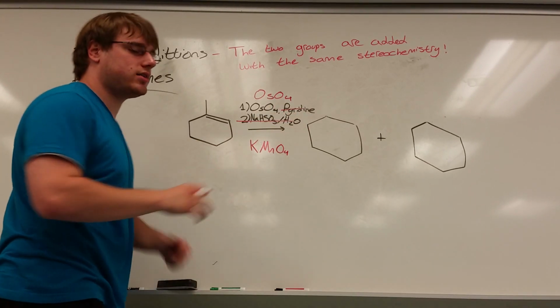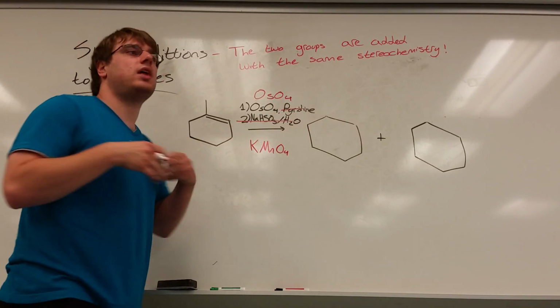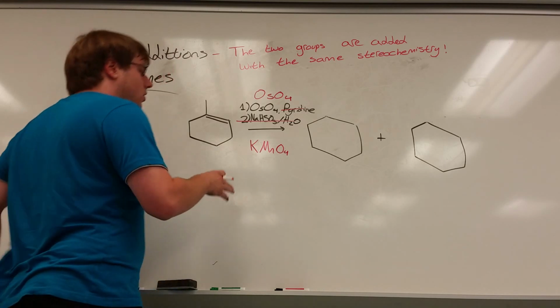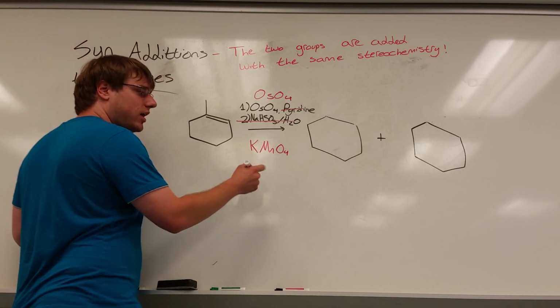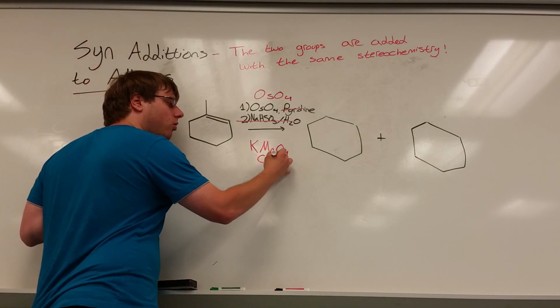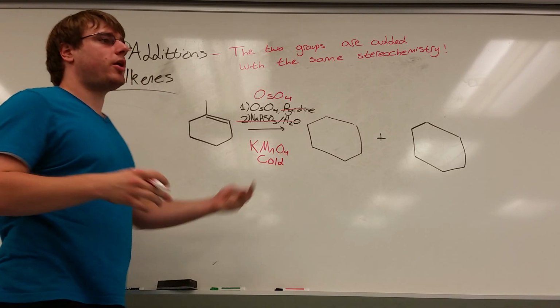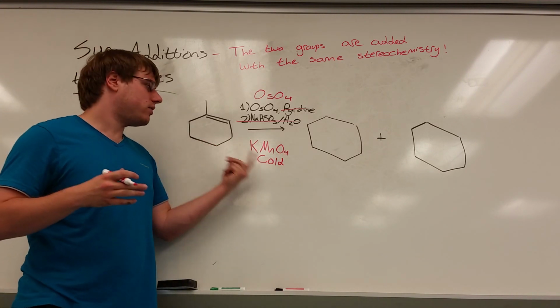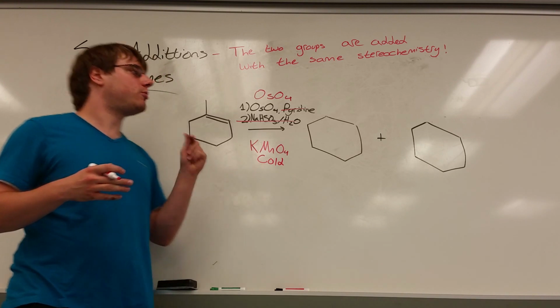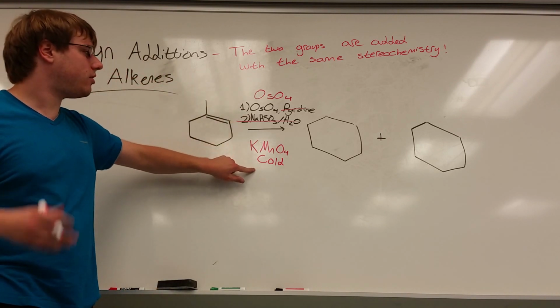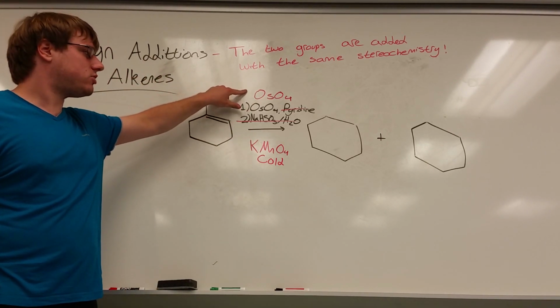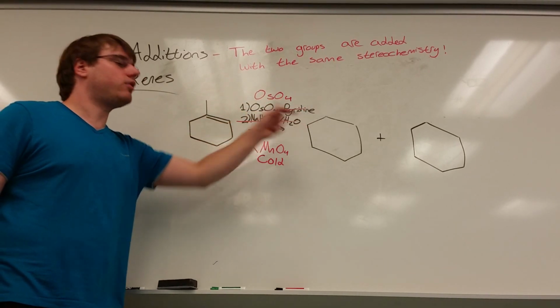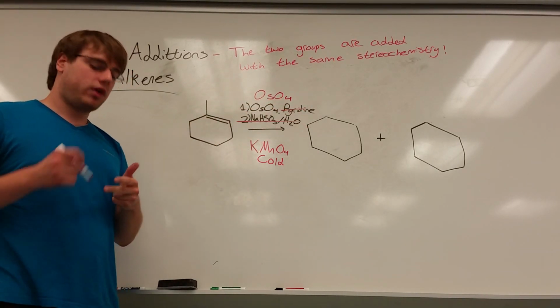These are oxidizing reagents, and what they do is add oxygens. Specifically about KMnO4, it needs to be cold KMnO4. When we talk about oxidative cleavage, you'll see why there's this specification about temperature. But for your purposes, if you see cold KMnO4 or osmium tetroxide over the arrow, regardless of whatever other fluff is on that arrow, we know what reaction we're doing.